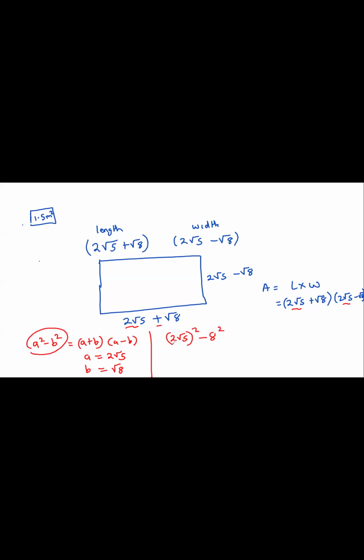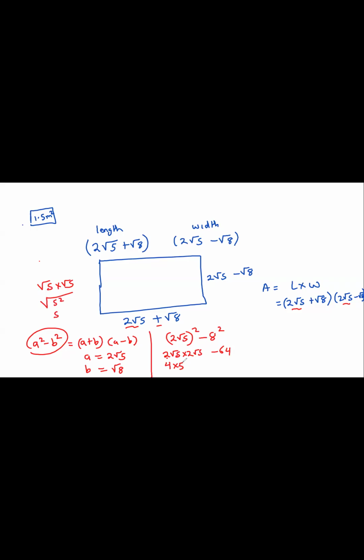However, here is where the problem comes from when you are squaring. 2 root of 5 squared means 2 root of 5 times 2 root of 5. So you multiply 2 times 2 is 4, times root of 5 times root of 5. Root of 5 times root of 5 means root of 5 squared, which is equal to 5.